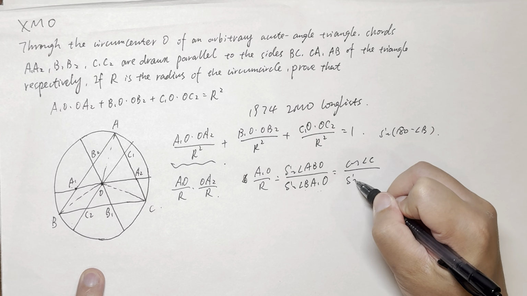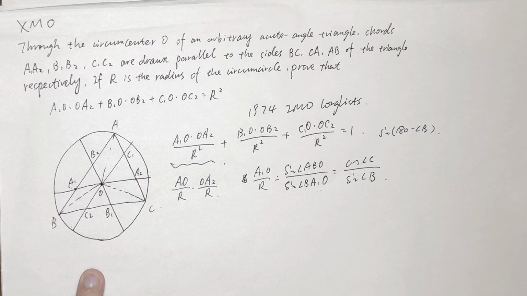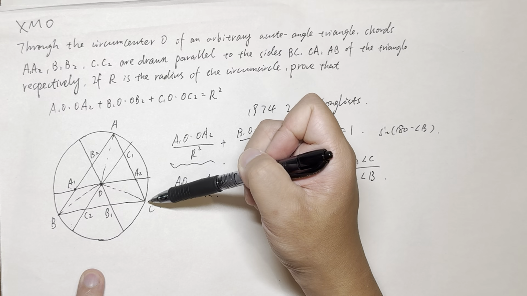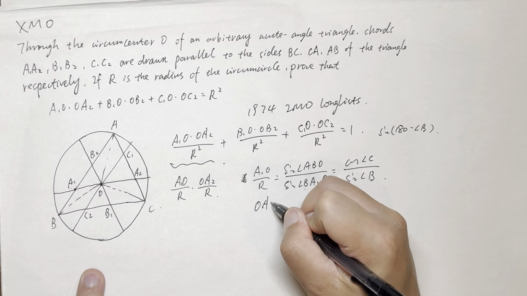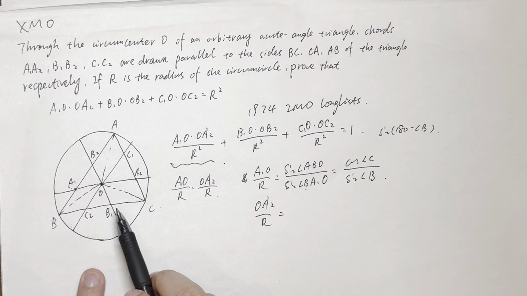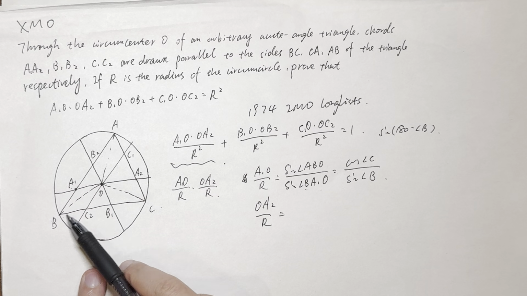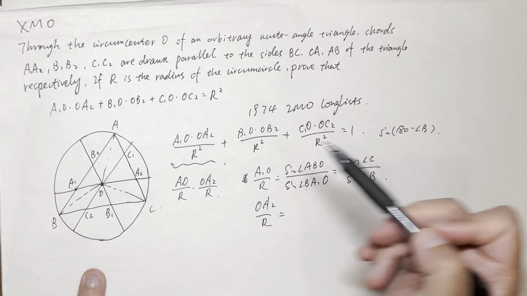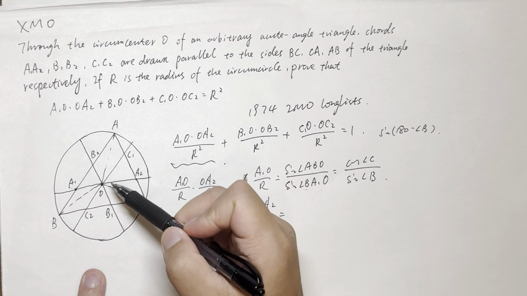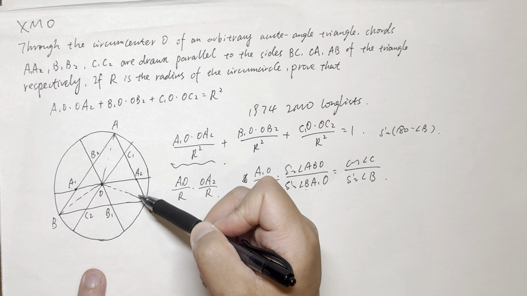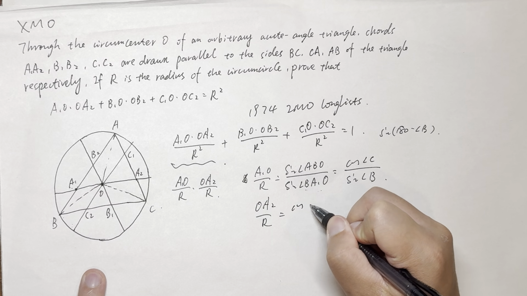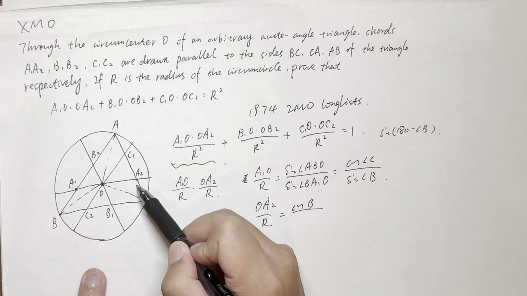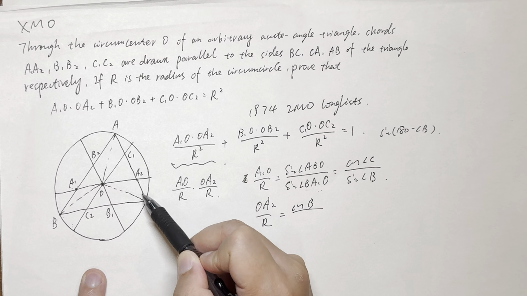So it is sine angle B, which means OA1 to R is eventually cosine C to sine B, right? And similarly OA2 to R would be cosine B to sine of this angle, which is sine C.